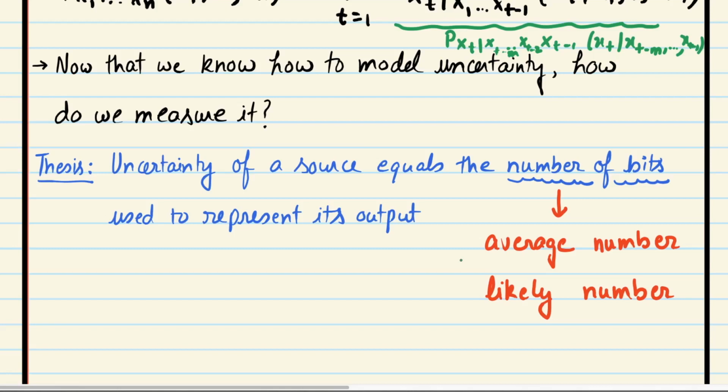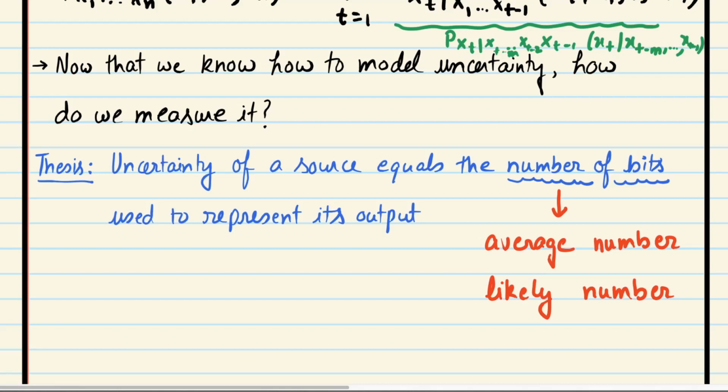And one can either think of the expected value of this random variable, the average number of bits required to represent the output of the source, as a measure of uncertainty, or maybe we can think of a likely number which will hold with large probability. So suppose you know that we can represent this source using 100 bits with probability greater than 99.99. Then the uncertainty of this source is 100 bits.